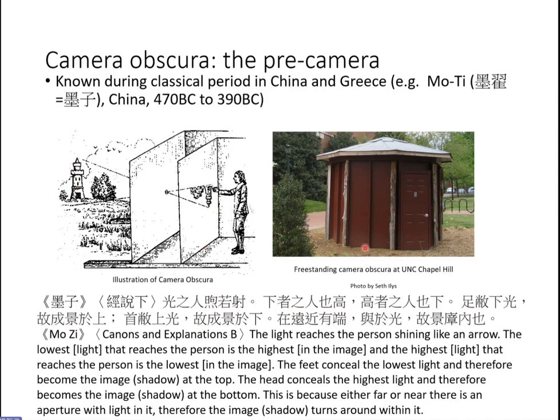This is the real case. This phenomenon was found 2,000 years ago, for example in a Chinese book. This is the Chinese version, and this is the English version. The sentences describe the same thing. It's a pinhole camera.